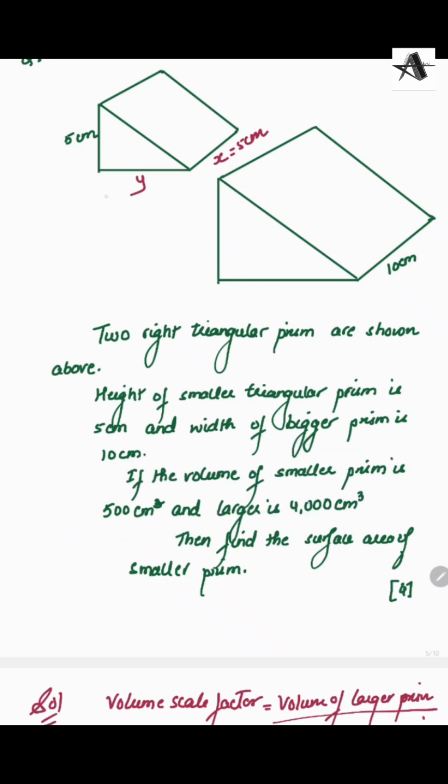And we know, what is the volume of a prism? Area of the face multiplied by the length. That means the volume of this small prism will be the area of this face, half times base times height, into length. That is 25y over 2, the volume of this smaller prism.